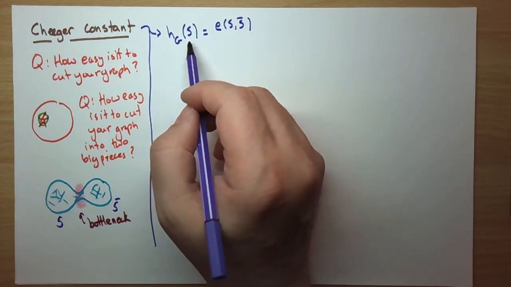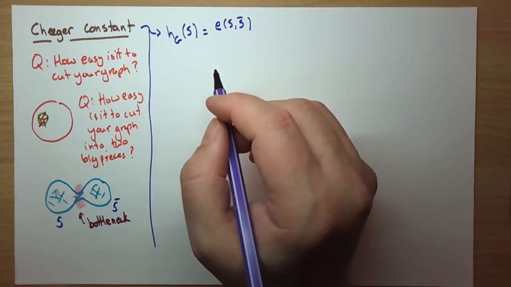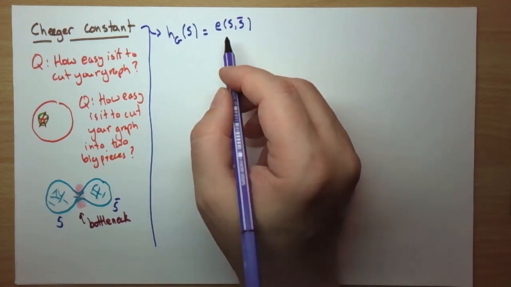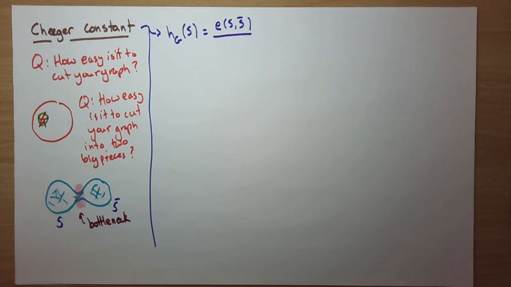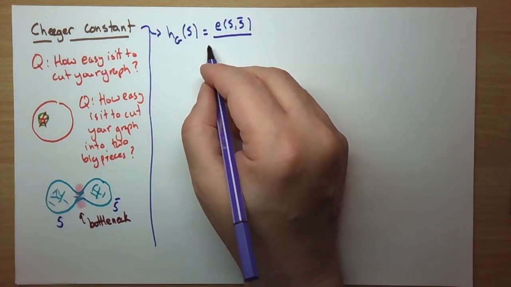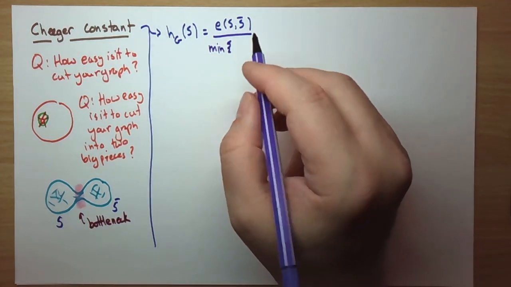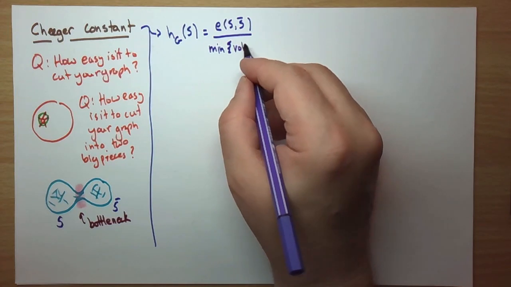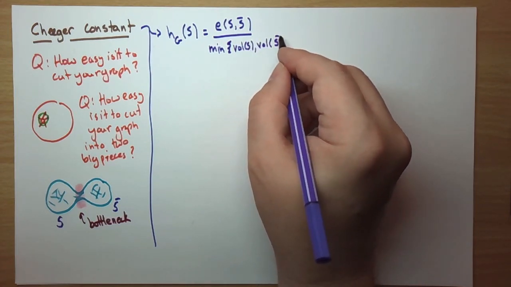This is for a particular set. I wanted to talk about how you measure how good a cut is. Okay, so now we have to say, but how good is that cut? We're going to divide it by the minimum of the volume of S and the volume of the complement of S.